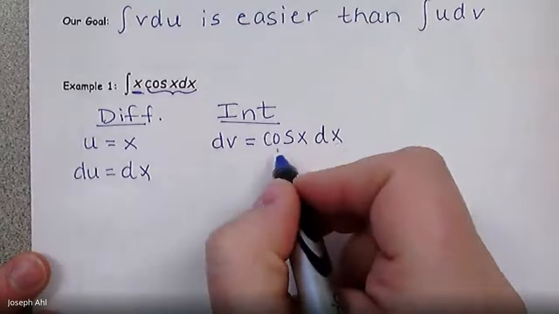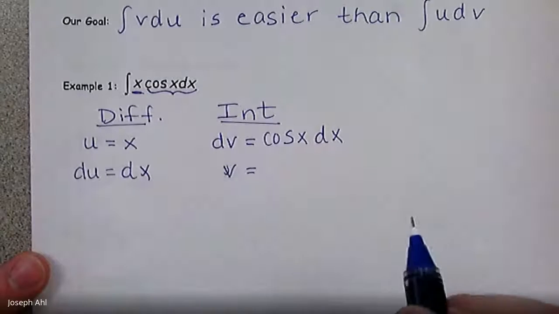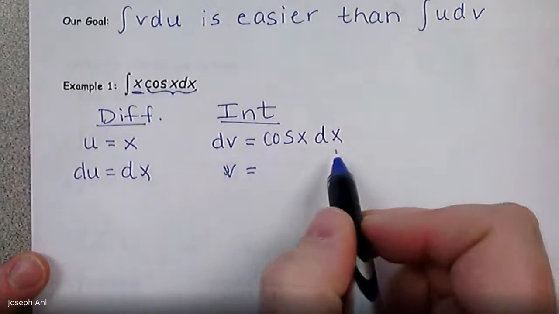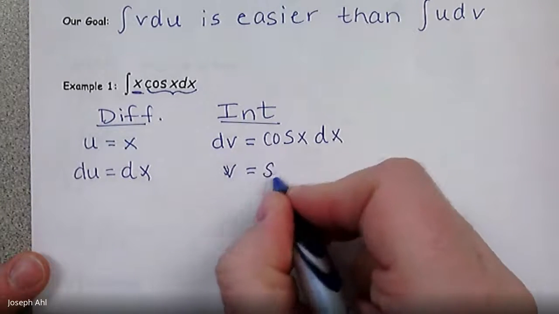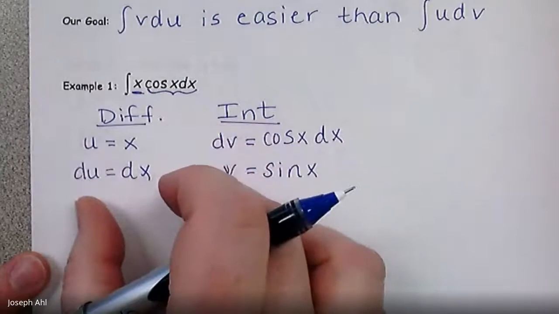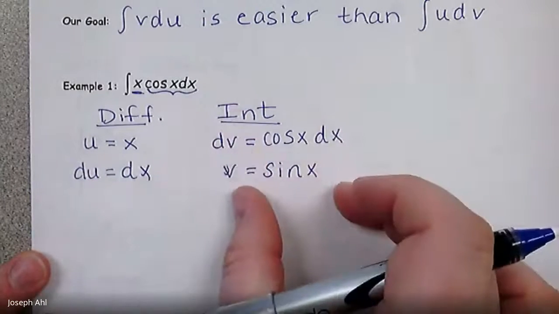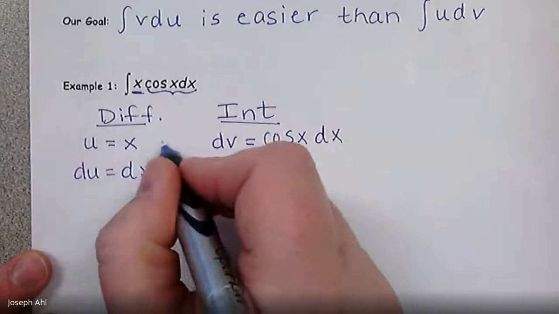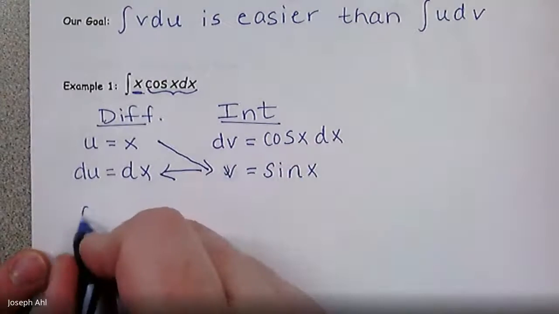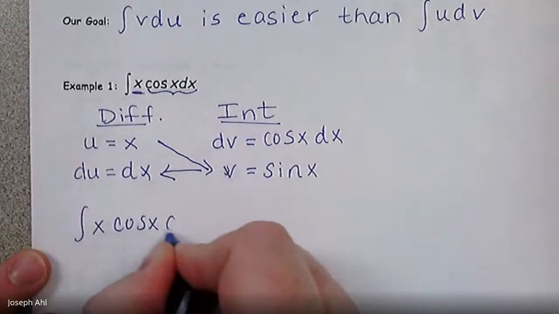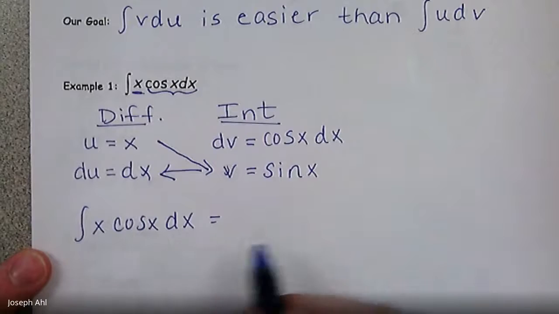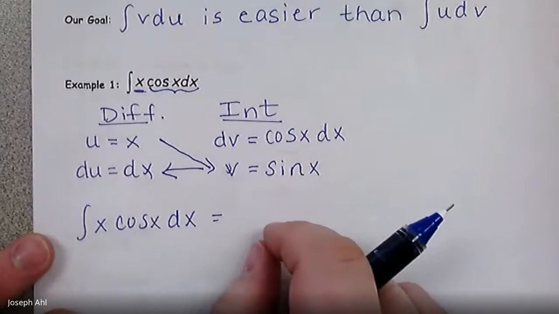And if that's what dv equals, we know that v is pretty easy to come by, right? We know the integral of cosine of x dx. So the integral of cos x is just sine x. And if you set up these nice columns for the differentiation column and the integration column, you then get this kind of arrowed pattern here, where the integral of x cosine x dx, if this is u and this is the dv part, can be written as u times v.